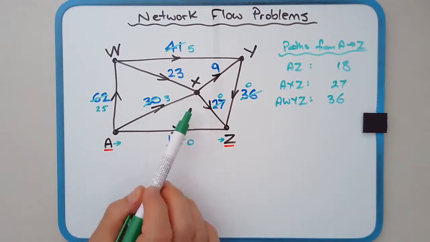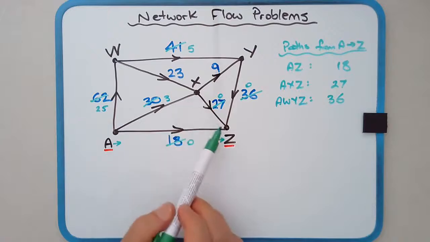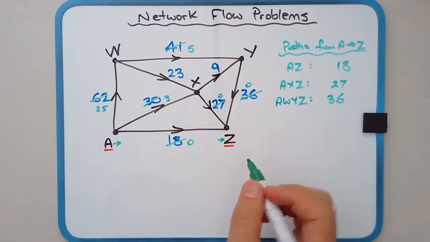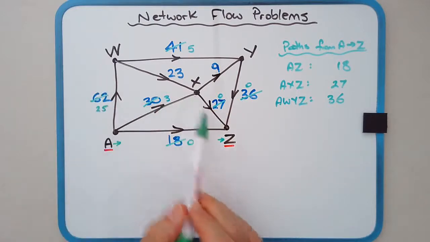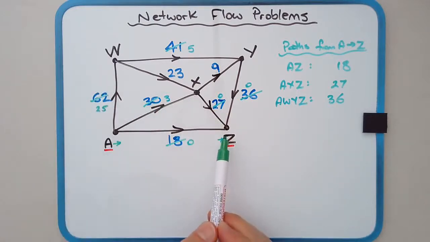In fact, I would increase XZ by 23, because we then have a path AWXZ, which will increase the flow by 23.